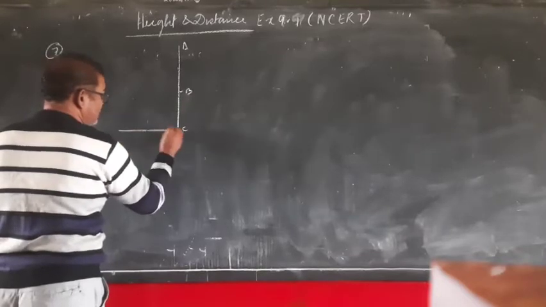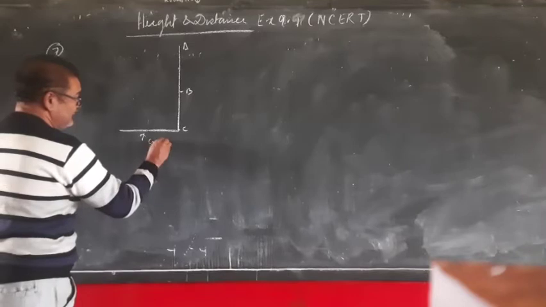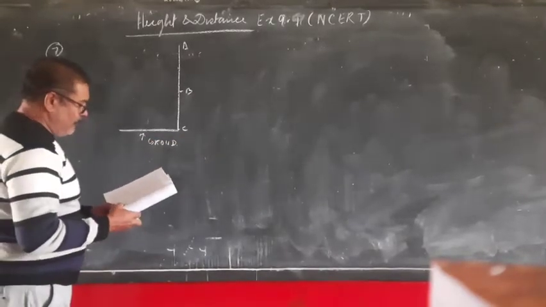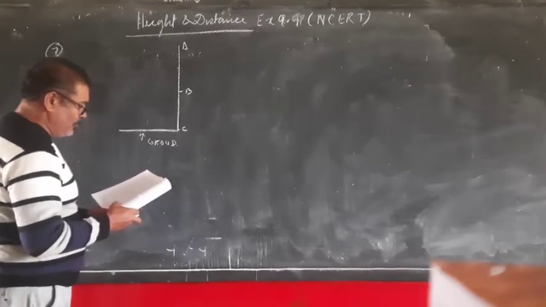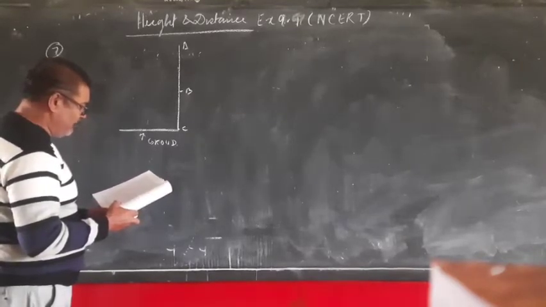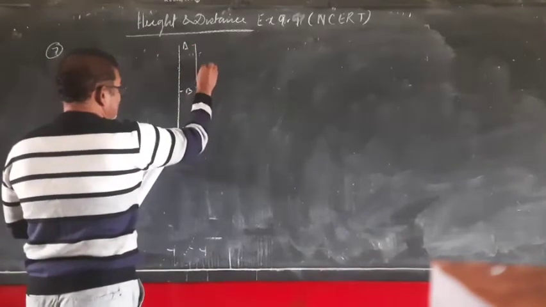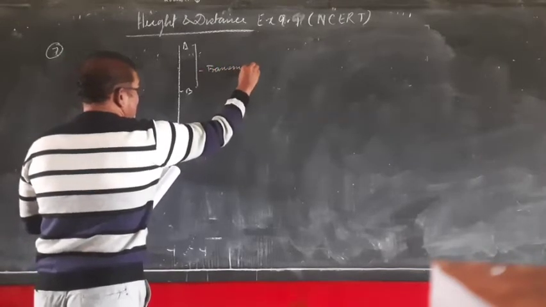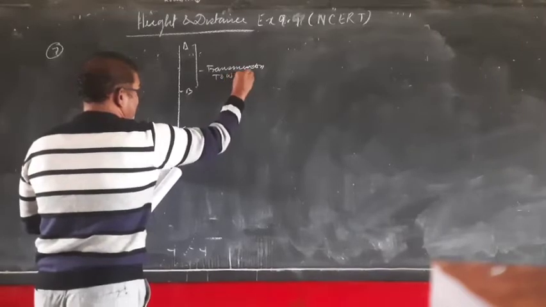This is the ground. From a point on the ground, the angle of elevation of the top and bottom of a transmission tower. This is the transmission tower.